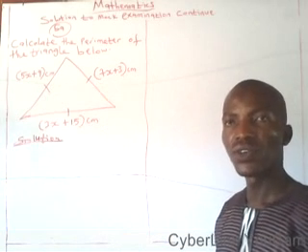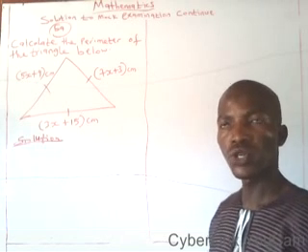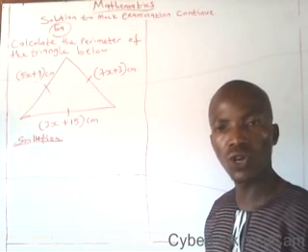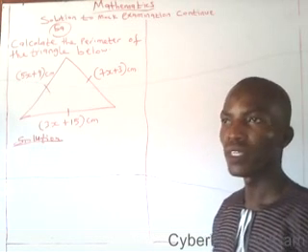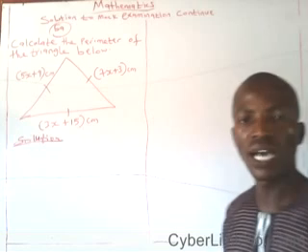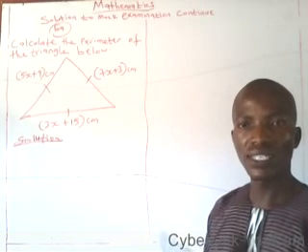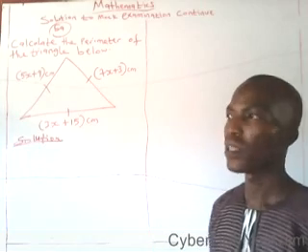And in mathematics, when you have a triangle with all the three lines being equal, such a triangle is called what? We call it an equilateral triangle. It is in equilateral triangles that we have all the three sides equal, and at the same time all the three angles equal.